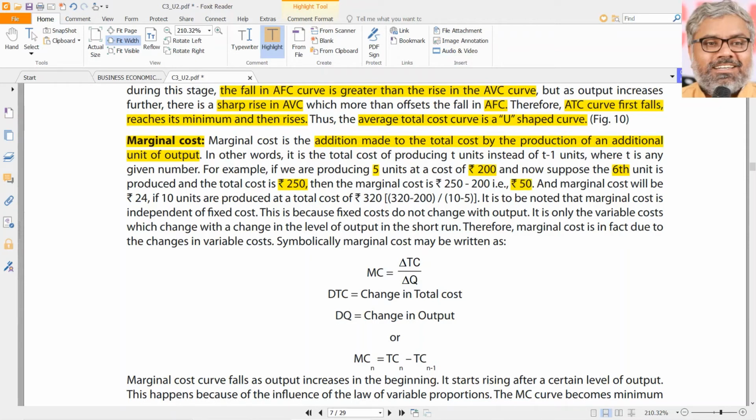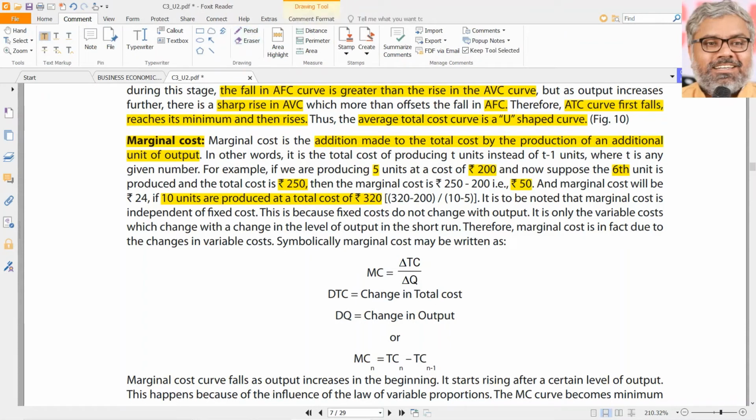What if, instead of one unit, we are given that 10 units are produced at a total cost of 320? 5 units cost 200, that was the original cost. Now, instead of 6, 7, 8, 9, directly we are taking 10. 10 units cost 320.